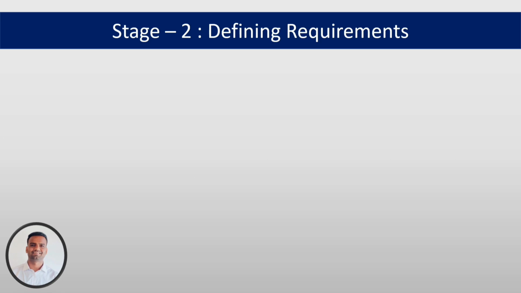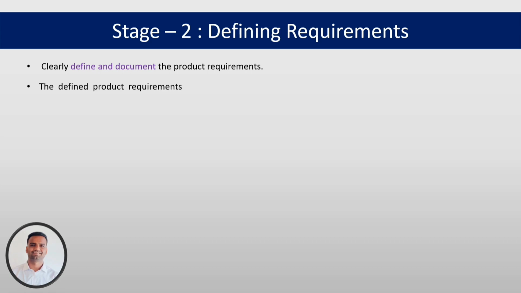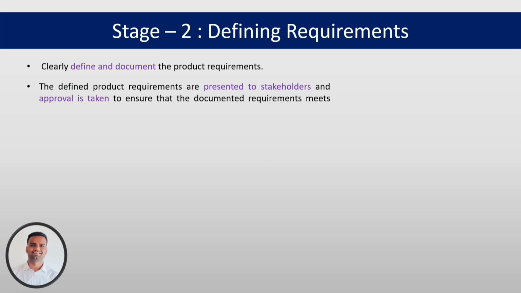Once the requirement analysis is done in the first stage, the next step is to clearly define and document the product requirements. This step aims to capture all essential features and functionalities identified in the earlier requirement analysis stage. The defined product requirements are presented to stakeholders and approval is taken to ensure that the documented requirements meet needs and expectations.